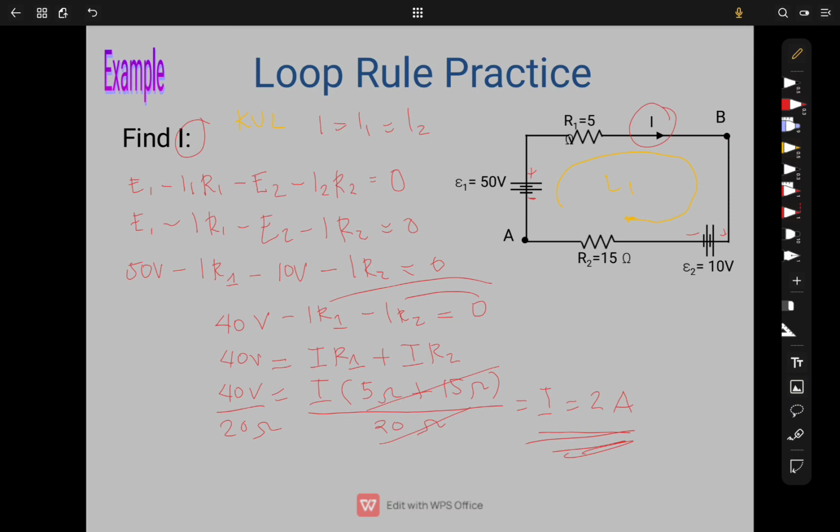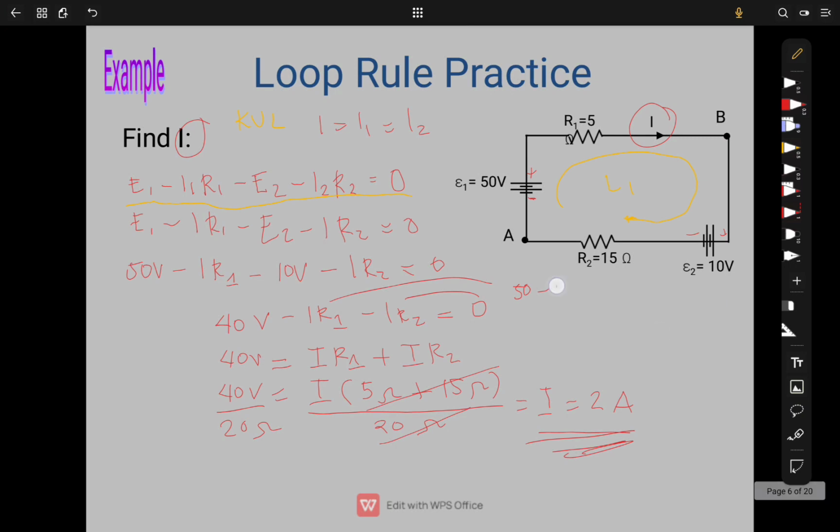So let's try to check if this value is correct. So E1 natin, that is 50, right? So balik po tayo dito sa ating equation. Ayan. Substitute natin kasi may value na tayo ng ating I. So we have 50 minus, so I natin is 2 ampere multiplied by 5.